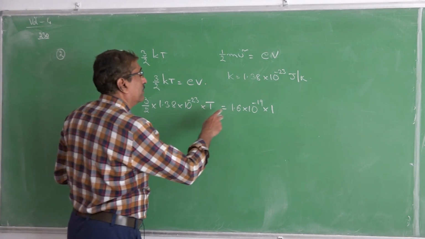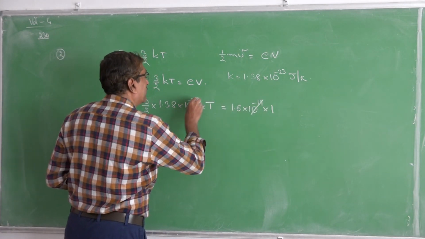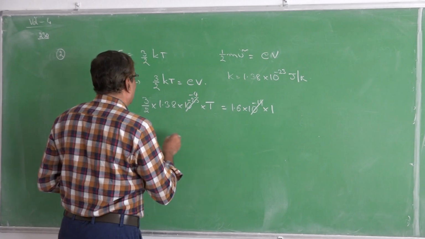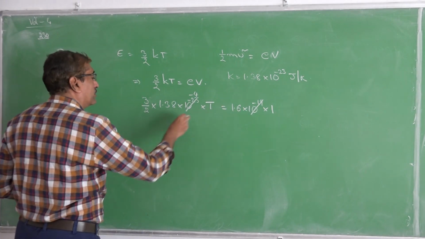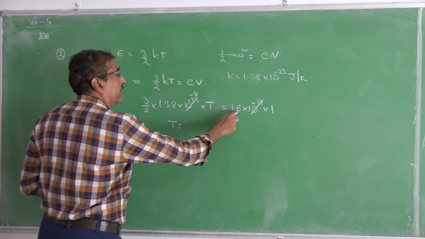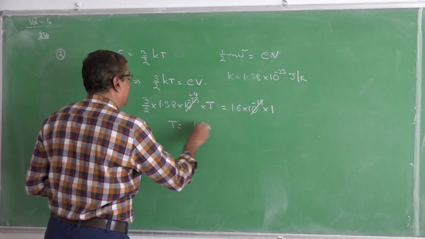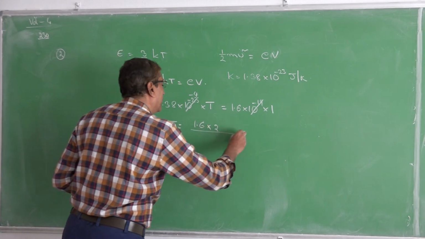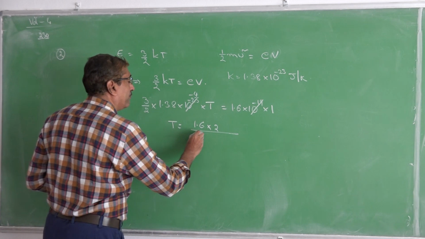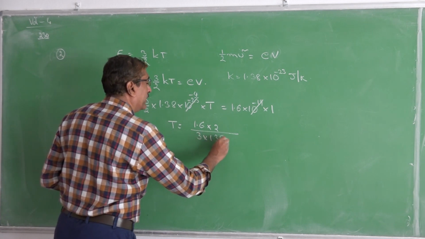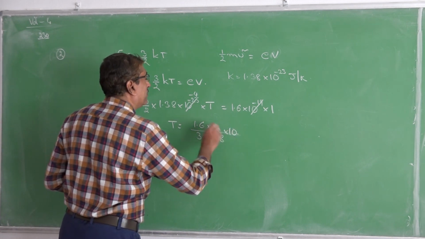Okay. So now cancel out this, 19 minus 4. So T is equal to 1.6 into 2 divided by 3 into 1.38 into 10 to the power plus 4.